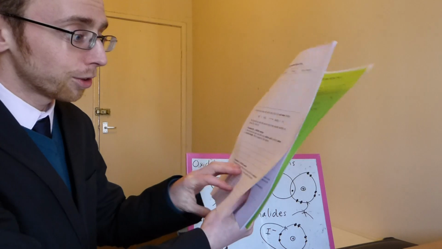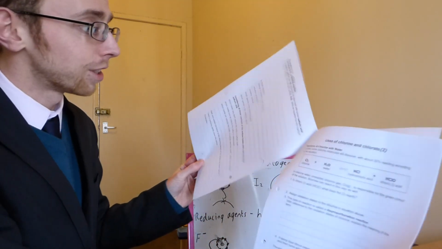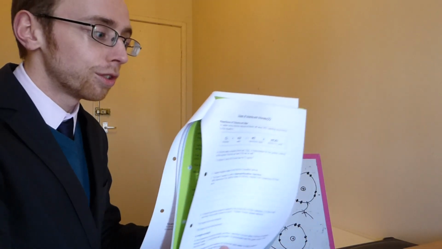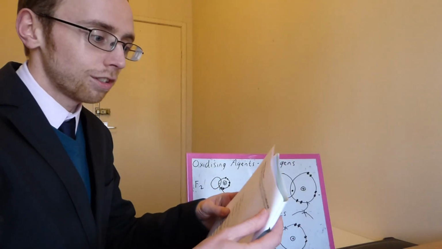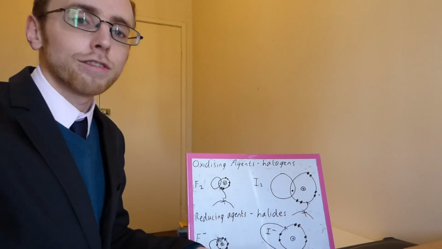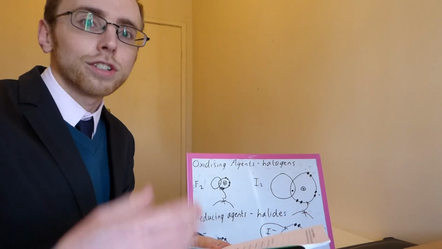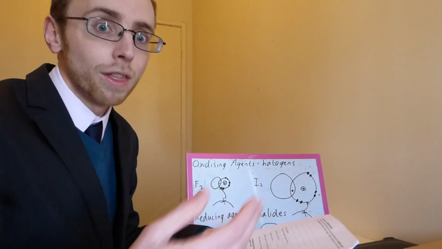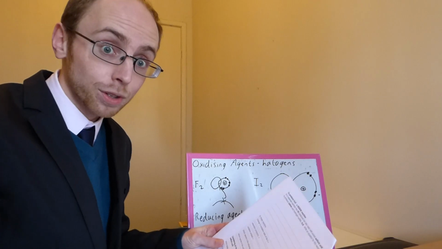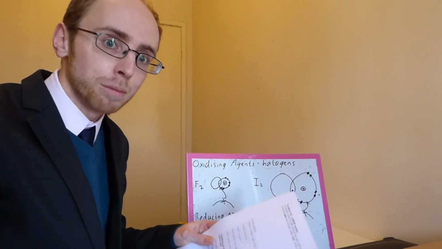But whichever way you choose to do it, if you're asked to give the overall equation for the reduction of sulfuric acid by this to form that, you need to be able to produce the equation either from working it out or from just remembering it.